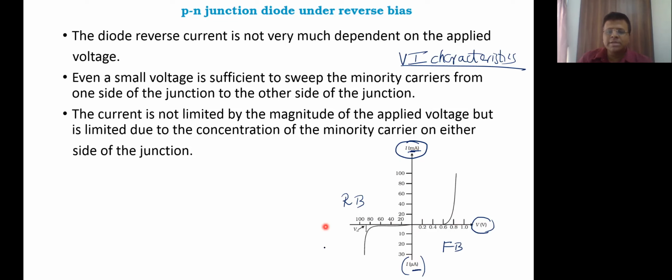Now, a few points which we would like to first take an observation of, and then later on we can discuss what could be the probable reasons for those phenomena.